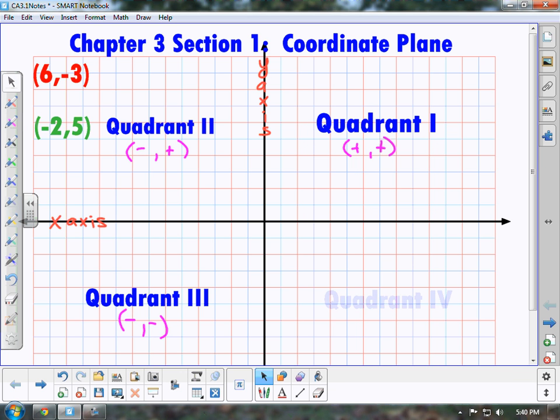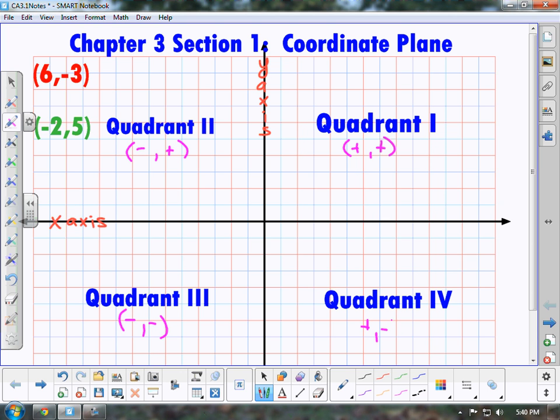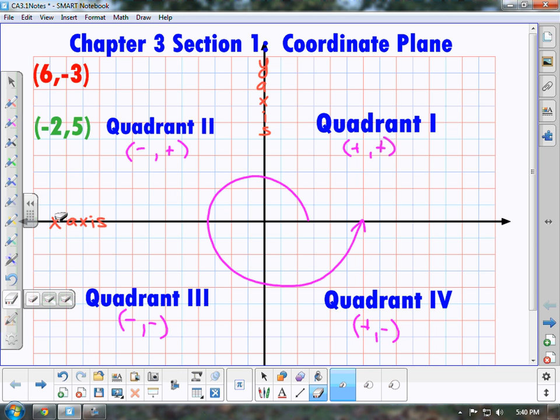And quadrant 4 is the positive negative quadrant. So it goes this way around when you're counting 1, 2, 3, 4, counterclockwise. And that will come into play if you ever take a trigonometry course.